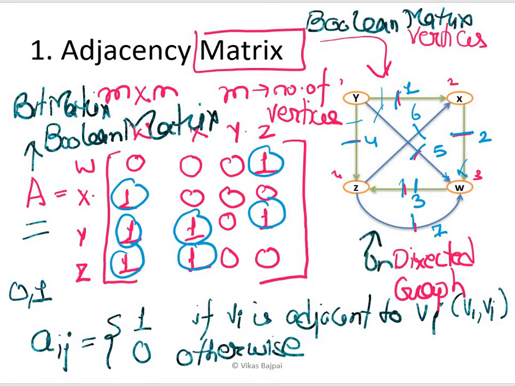Then the adjacency matrix of this graph G will be a symmetric matrix, because if there is an arrow from, let's say, Z to X, then of course there will be an arrow from X to Z as well. In that case we will get a symmetric matrix. So this was all about adjacency matrix.